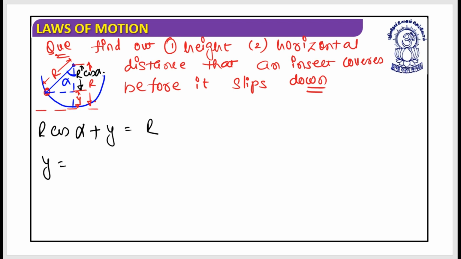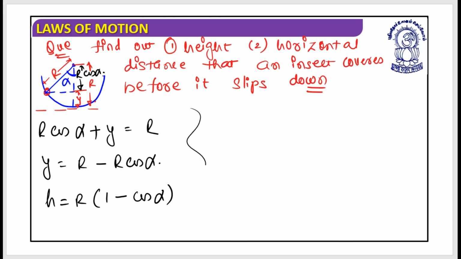So this y could be written as r minus r cos alpha, and this is the height h through which it has covered. h is equal to r into bracket 1 minus cos alpha. Is it clear?